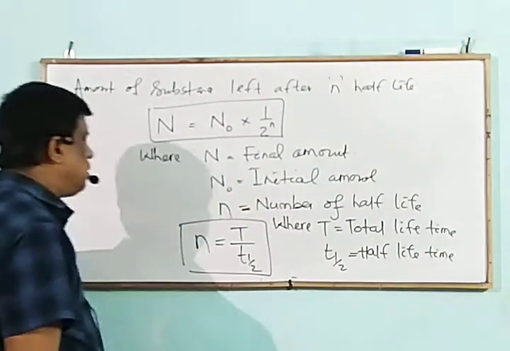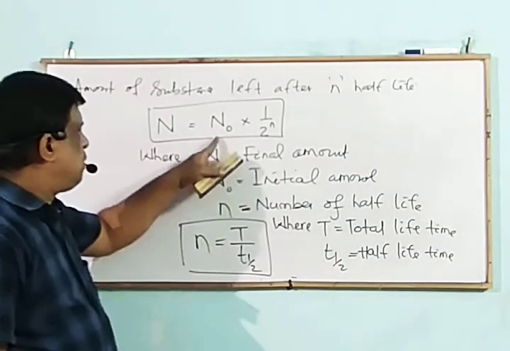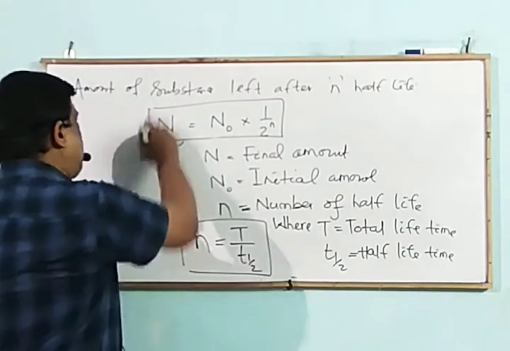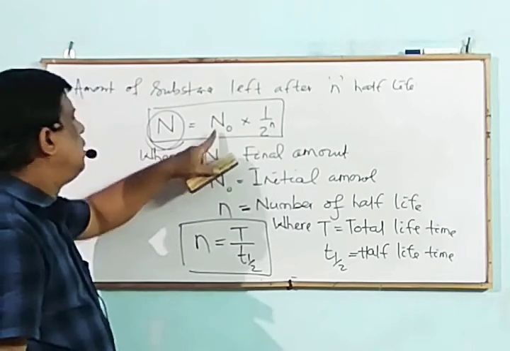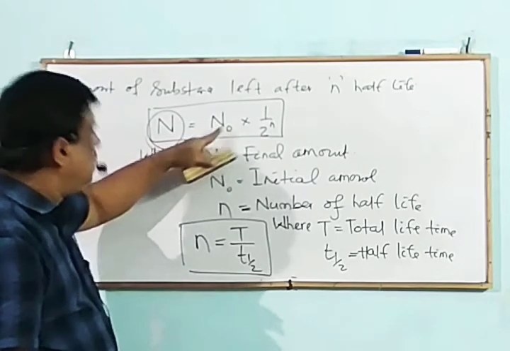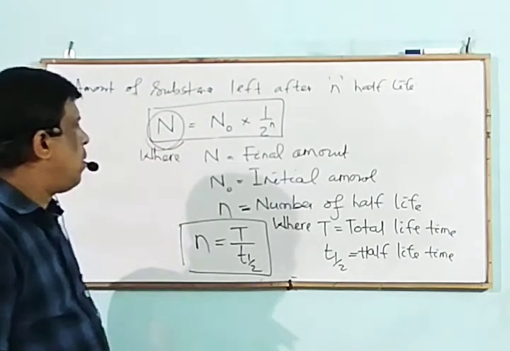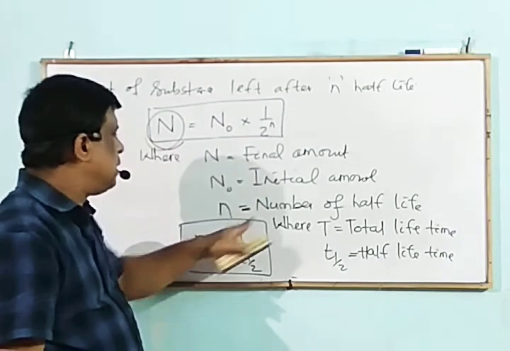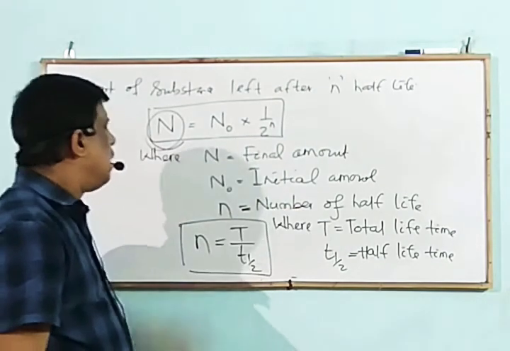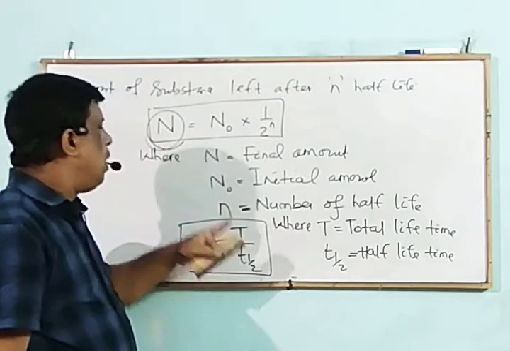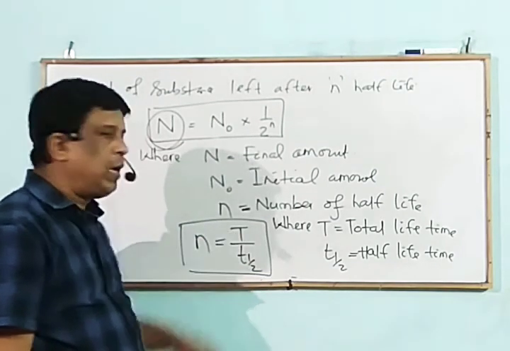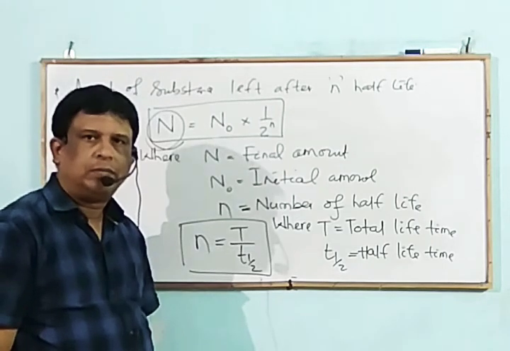What fraction of substance is left after time T? The amount present initially into 1 by 2 to the power n. This small n represents the number of half lives, calculated as total lifetime by half lifetime.